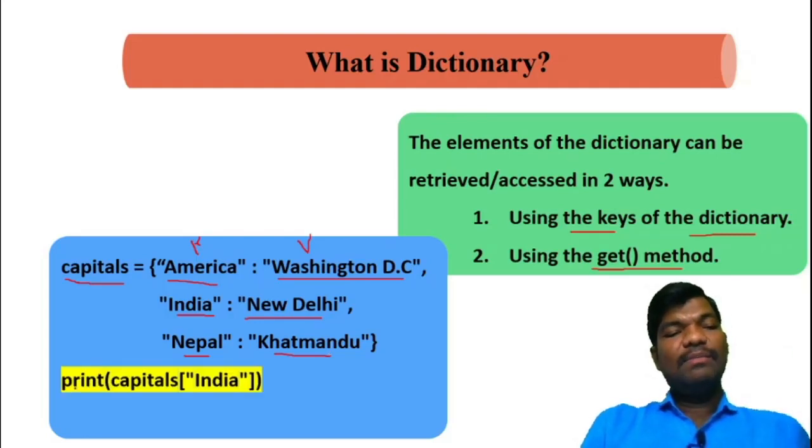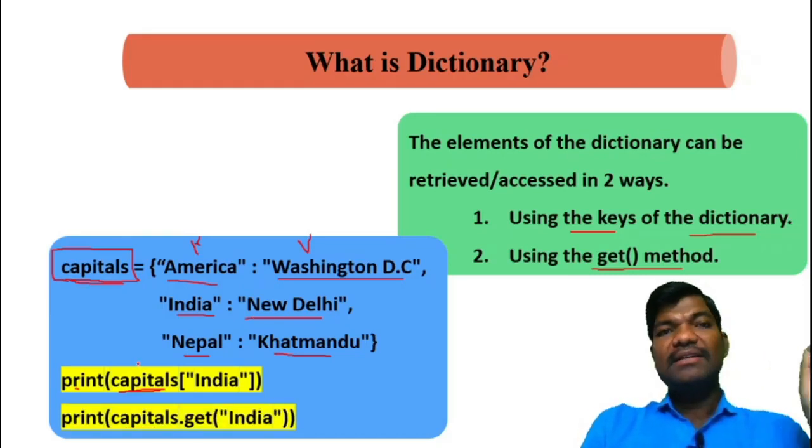Check this: print capitals of India. I'm giving the key. What is the answer here? New Delhi will be printed. Next, another one: print capitals, and here also we use the key with the get method.